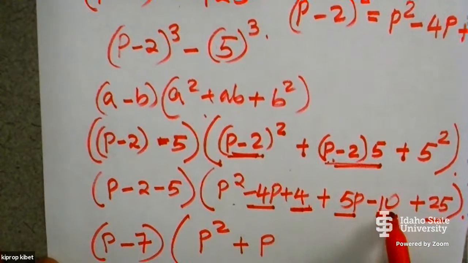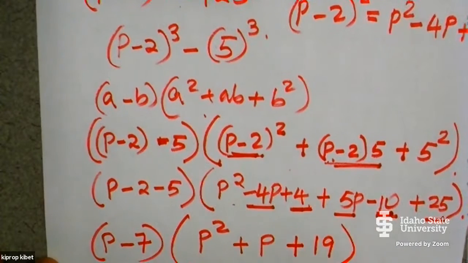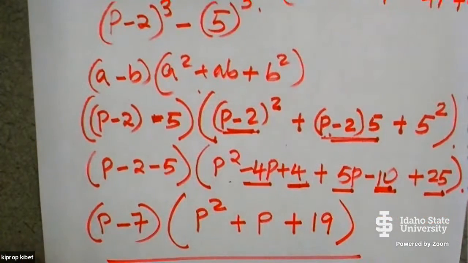So 4 minus 10 is minus 6, and minus 6 plus 25 is plus 19. That is our simplified answer. Something like this, you should expect it in your exam.